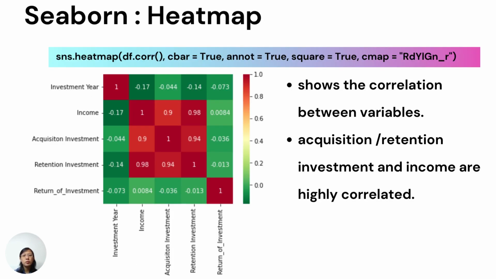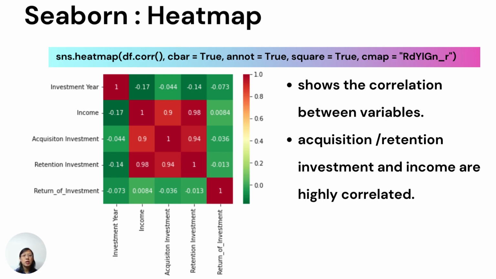Likewise, we can also use heat map to visualize the correlation between variables. Remember, we use df.corr to study the correlation coefficient. Using this correlation coefficient matrix generated from df.corr, we can create a beautiful heat map using the Seaborn heatmap function.